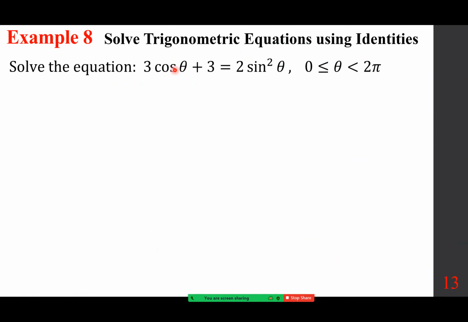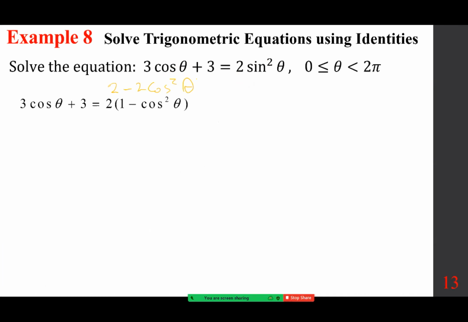Since this is cosine, we change the sine squared to 1 minus cosine squared theta. And so on the right side, we have 2 minus 2 cosine squared theta.